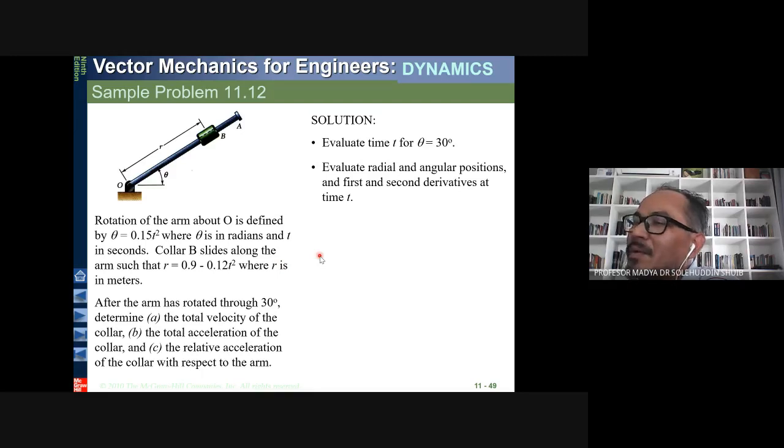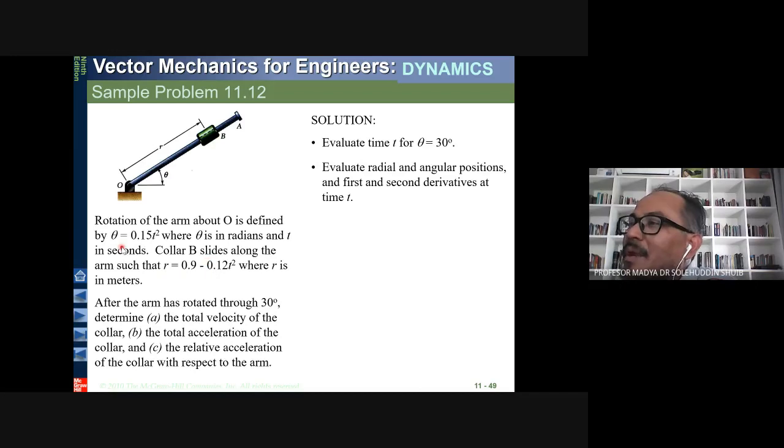Secondly, you need to evaluate the radial and angular positions. We have r and theta, which is important information given in this problem.